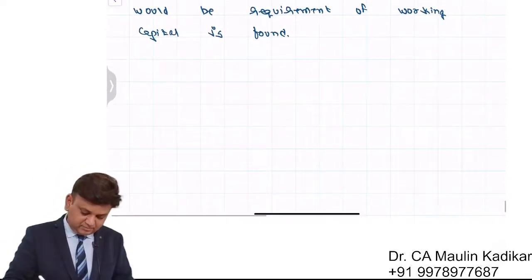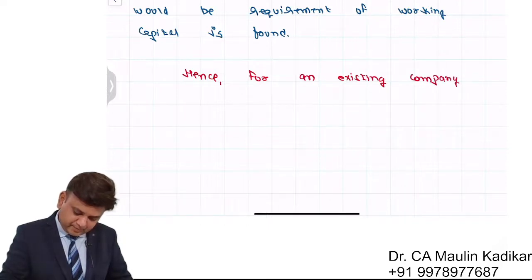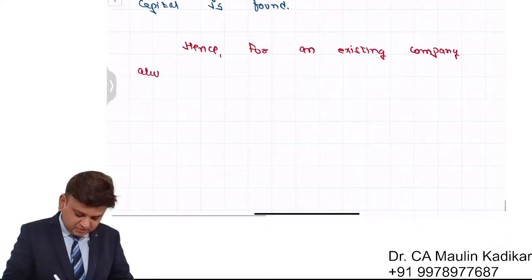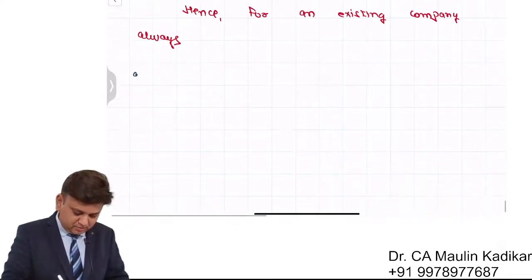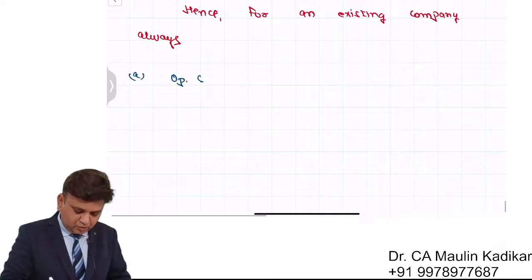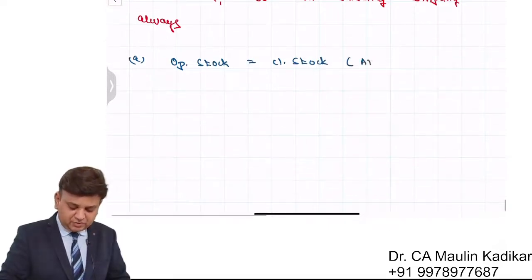Hence, for an existing company, always: A, opening stock itself is closing stock. In bracket I am writing all types of stock.